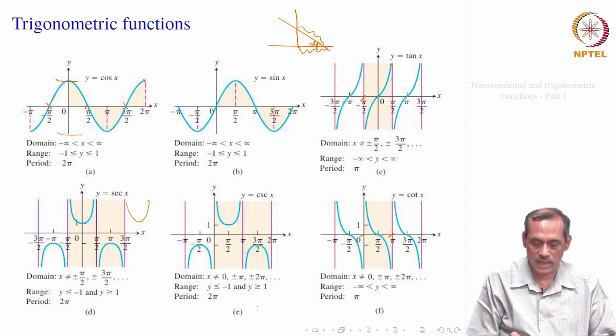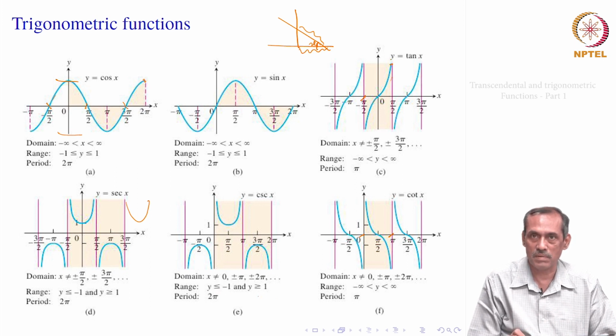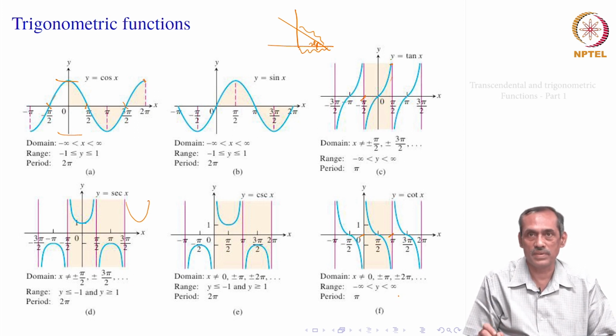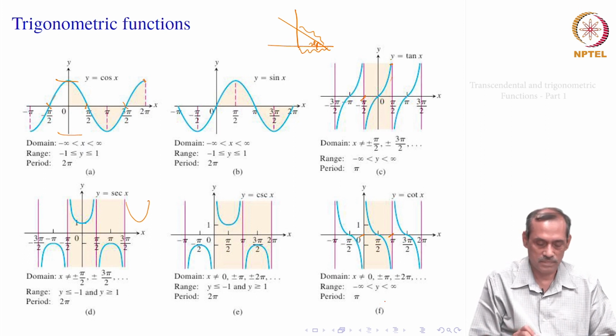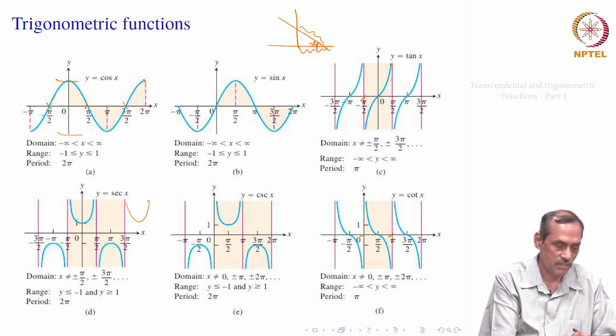Now, when you look at cosecant x, similarly the same range, excluding the open interval -1 to 1, everything else is there, and in cot x the range will be the whole of real numbers just like your tan x, and period is pi. So, this is how the trigonometric functions look like.